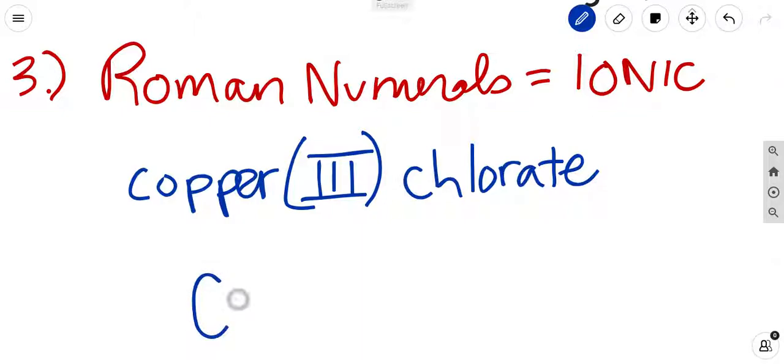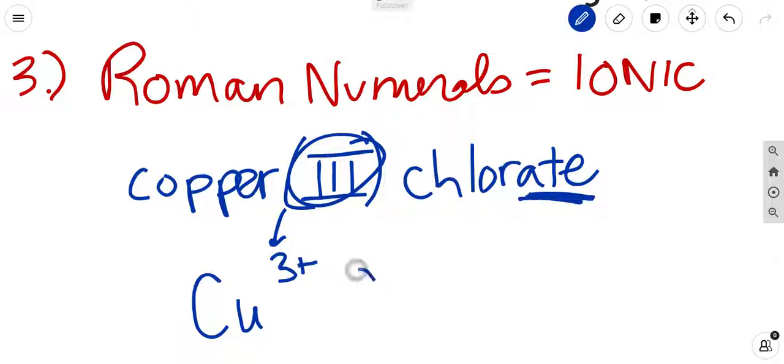Roman numerals tell you the charge of the transition metal. So 3 equals 3. Look at the next one. It says chlorate, so it's going to come from that polyatomic chart. Chlorate is ClO3, 1 minus. See if you can write the formula on your own.